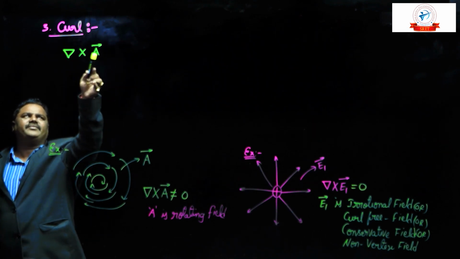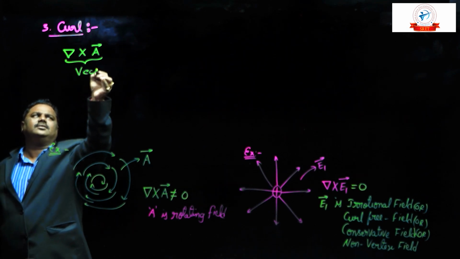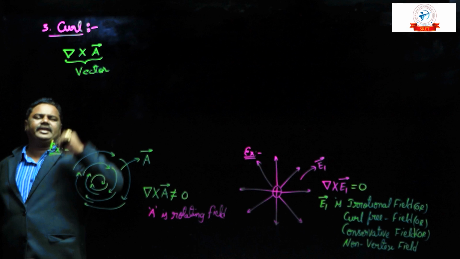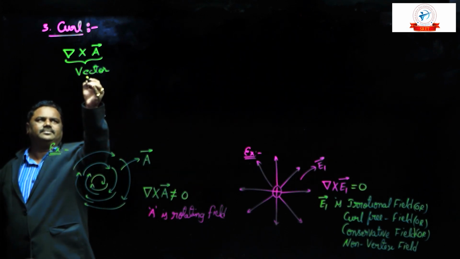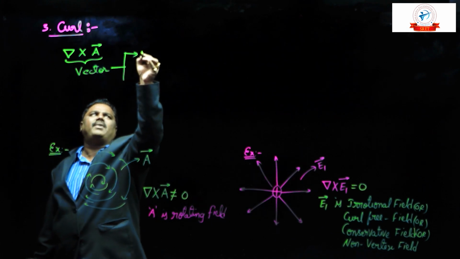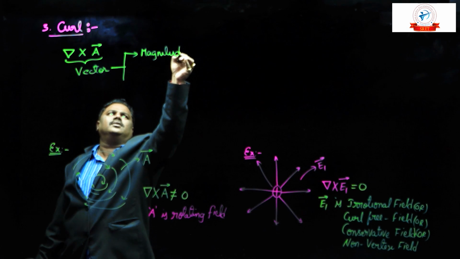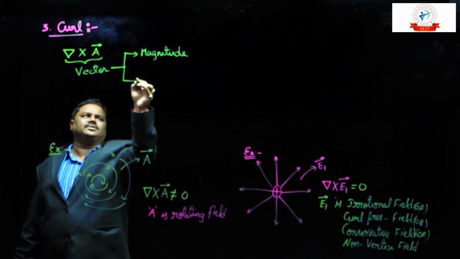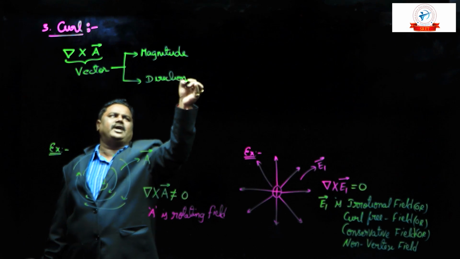The cross product between two vectors is again a vector. This entire quantity is again a vector. We know that a vector should have magnitude and also direction.